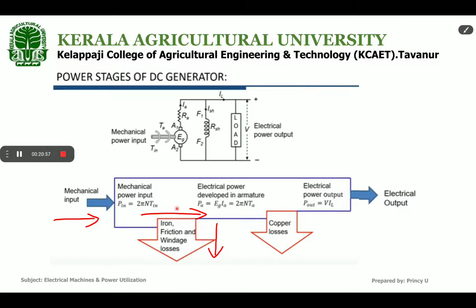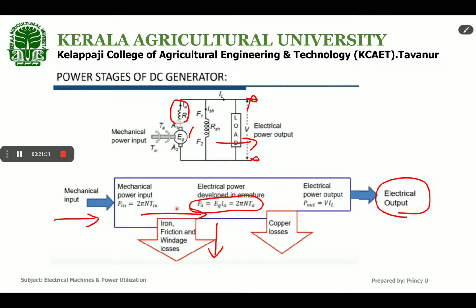So PA is equal to Eg into Ia, the electrical power developed in the armature, which is also represented in terms of torque as 2 pi n. This electrical power developed in the armature will be taken as the electrical output, but it will not be equal to the electrical output taken across these 2 points, because there will be some losses in the winding.